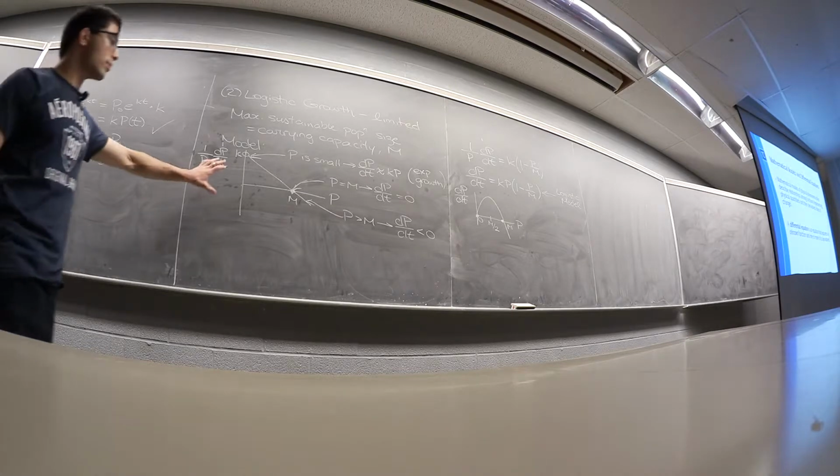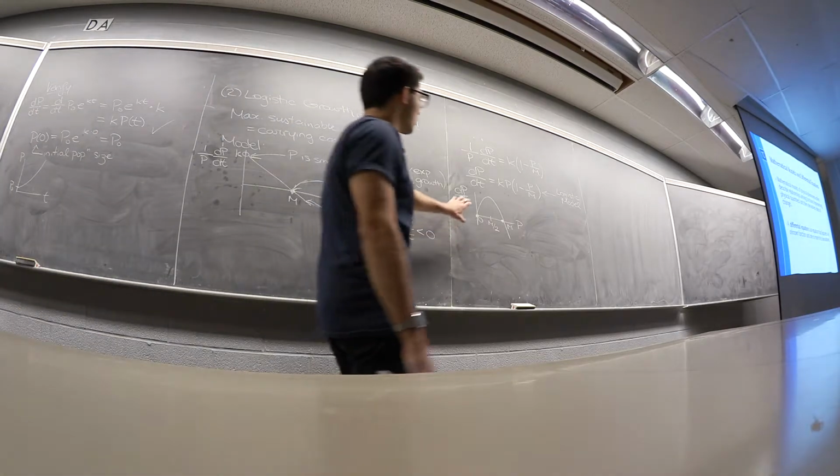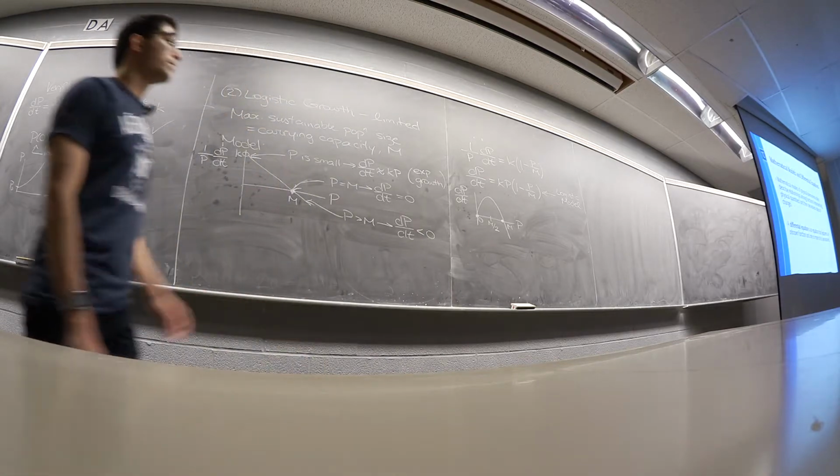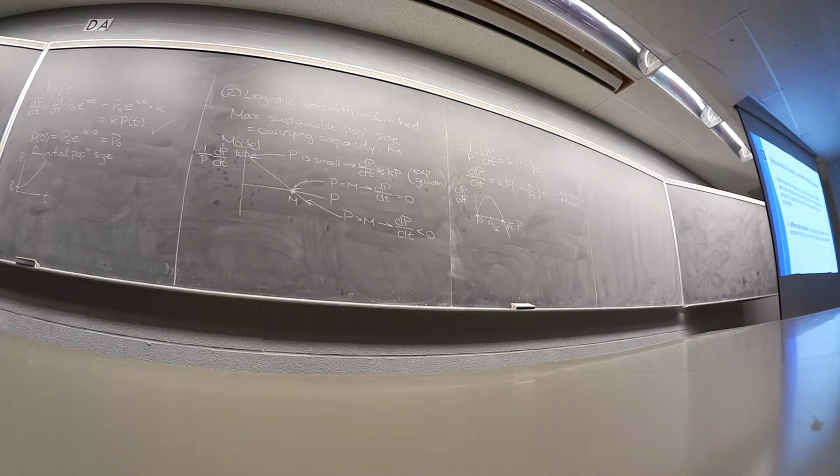Okay, so if you want to think about relative growth rates, you think about this. If you want to think about growth rates, you think about this. Not as functions of time, but as functions of population size. Again, make sure everything works in here.